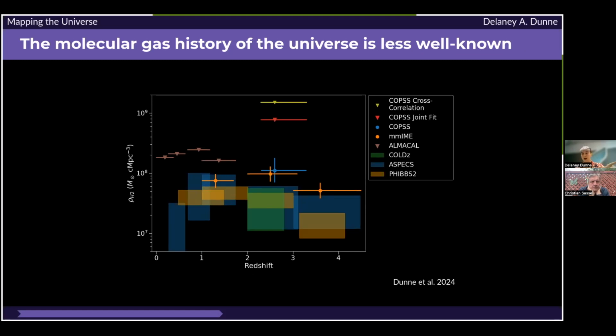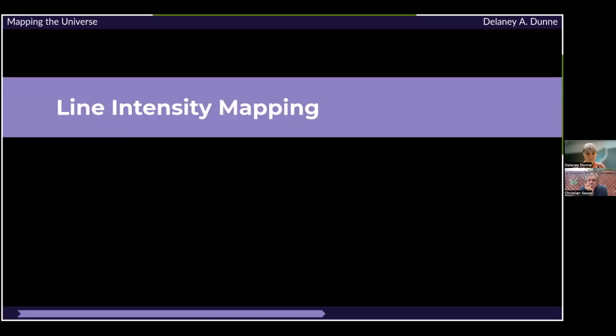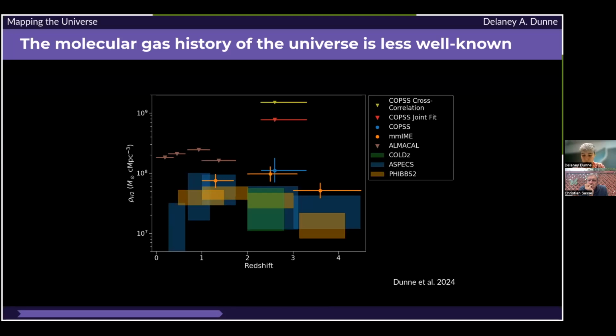They are doing this 3D mapping, but they are pinpointing individual galaxies, and they are actually not a great measurement of the total amount of molecular gas in the universe. Because of that thing I was talking about earlier, when we were talking about James Webb, where we can only see the really bright stuff when we're looking really far away.